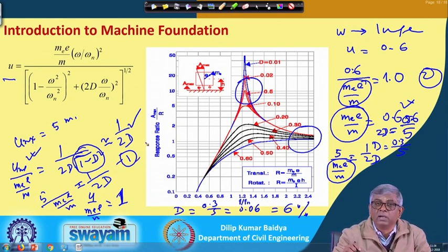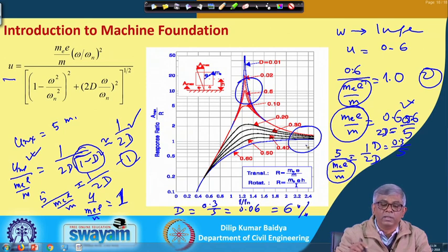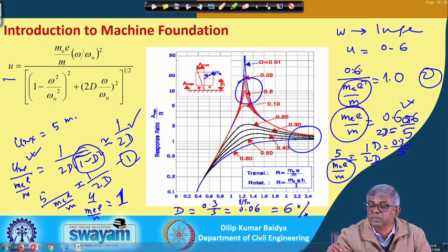For the other equation, when the frequency is very large, the magnification factor becomes 1, so u over m e over m equal to 1. U is 0.6 at large frequency, so from this expression I get m e e over m equal to 0.6.